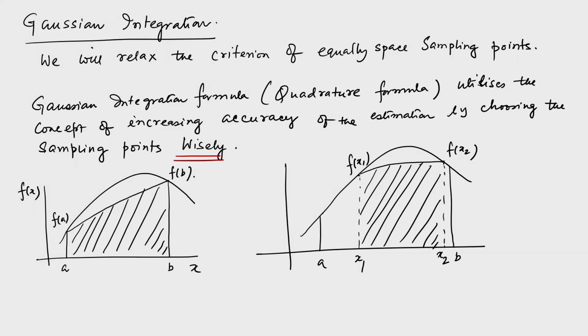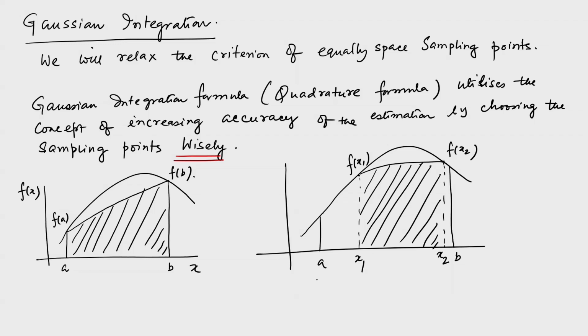Okay. Now, for that to happen, this wise choice should be accompanied by two things, not by one, that is, not only by x1 and x2, but the weights that are associated with x1 and x2. So, what I mean is that when there is a lot of undulation in a function, some regions could be more important than other regions, and a trapezoidal formula blindly neglects those inflection points and how the function is varying.